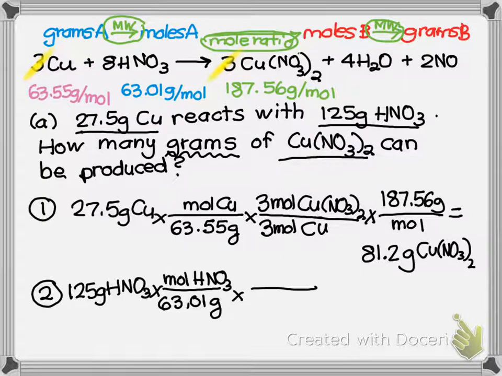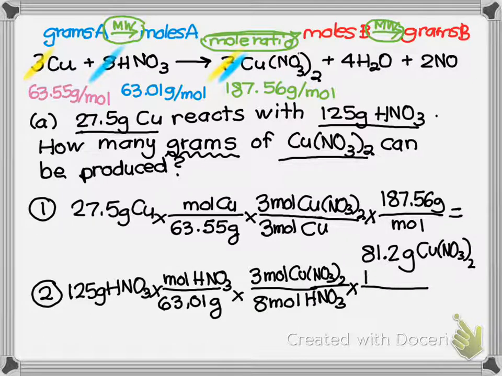It's going to have a 3 on top and an 8 on the bottom. So it's going to be 3 moles of the copper nitrate over 8 moles of the nitric acid. And then to convert it into grams of copper nitrate, I'll multiply it by the molar mass of copper nitrate.